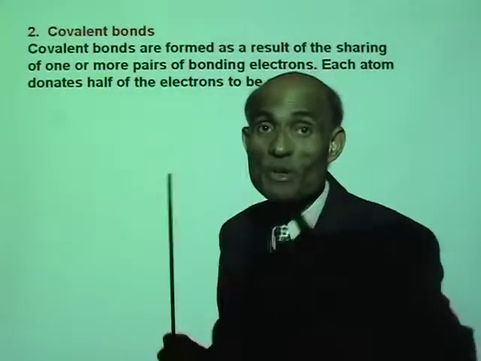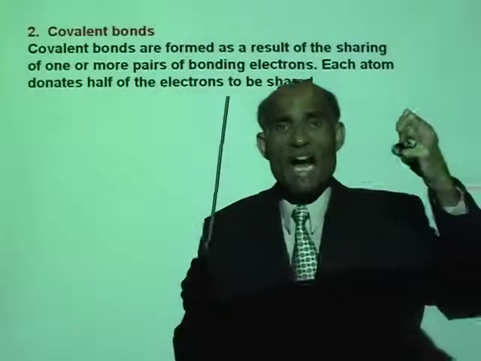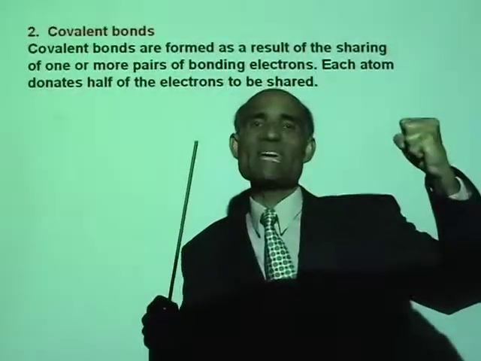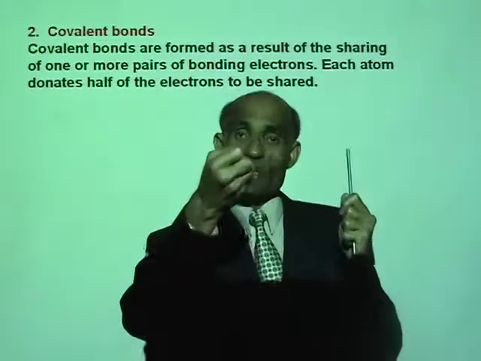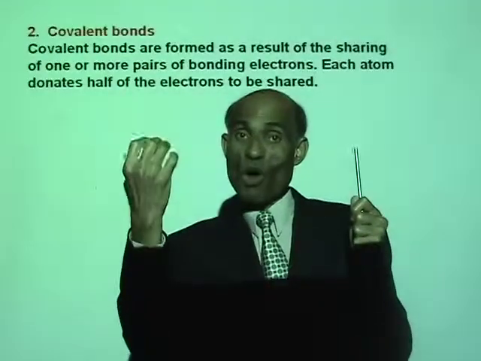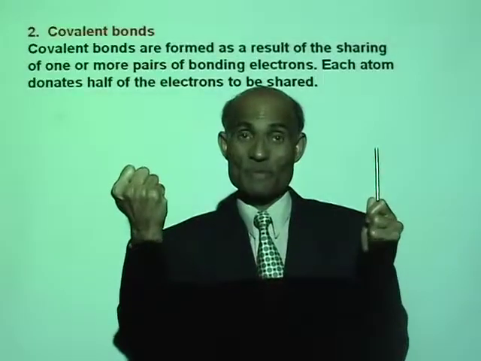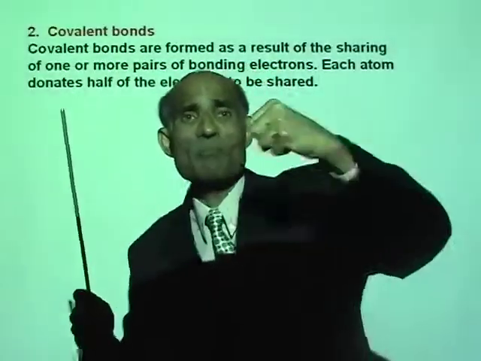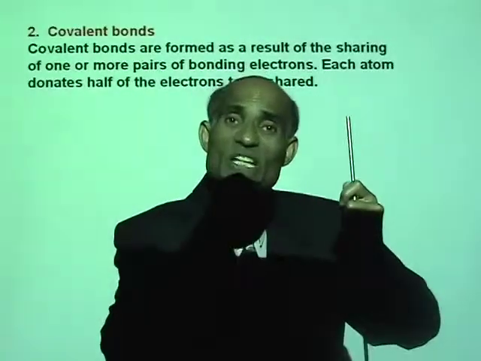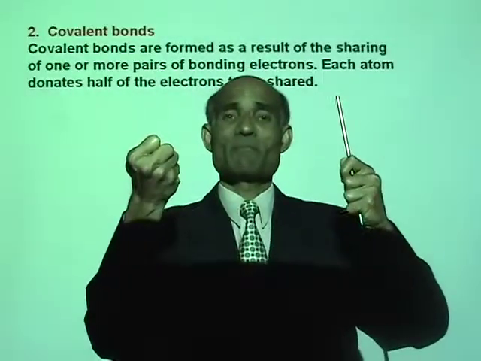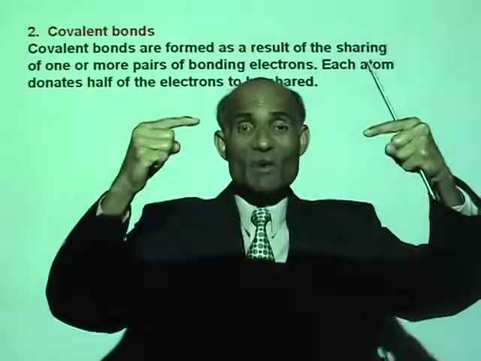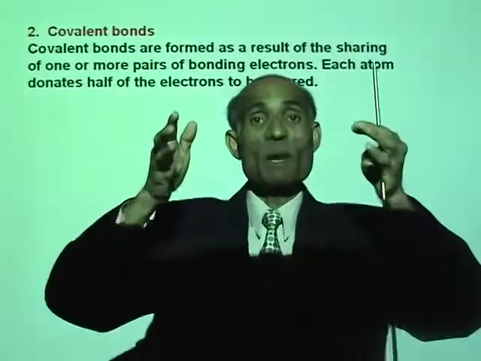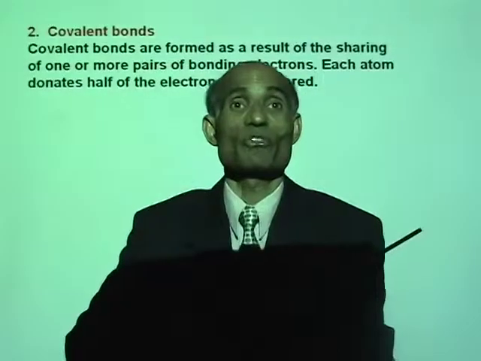Now this time, you see, previously each atom gave up its electrons completely to form a positive ion, or took in the electron to form a negative ion. In covalent bonds, rather than giving up an electron or completely taking charge of it, atoms are going to work out a sharing process. So covalent bonds are formed by sharing electrons.